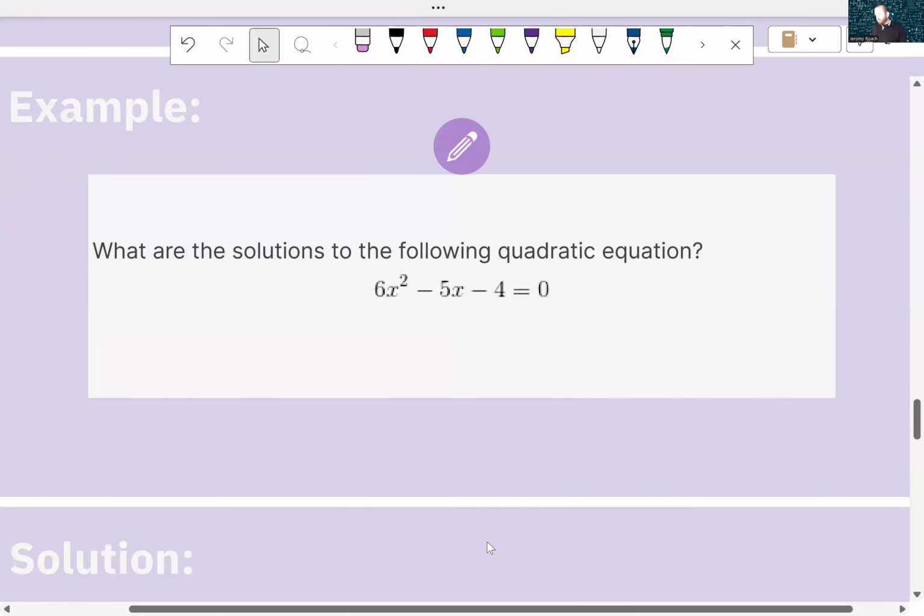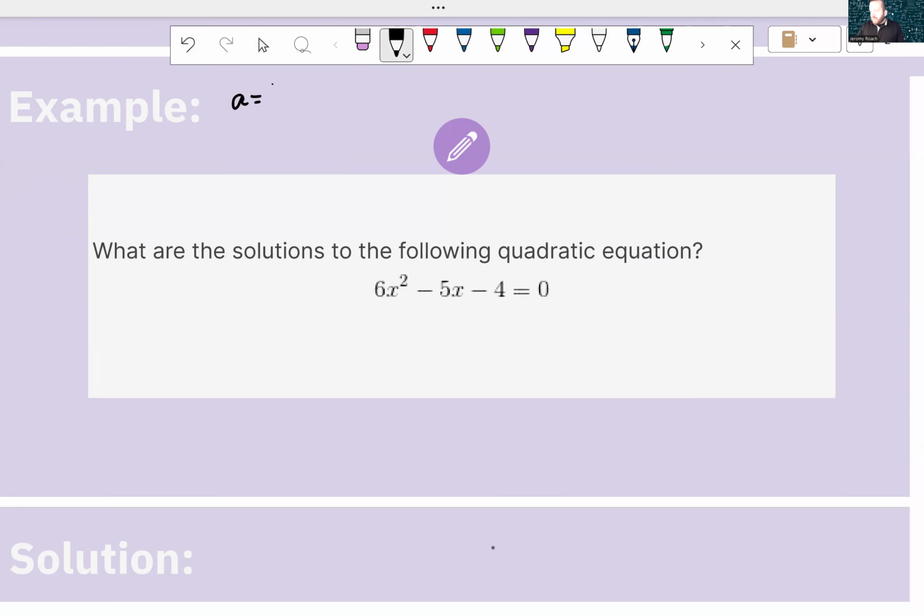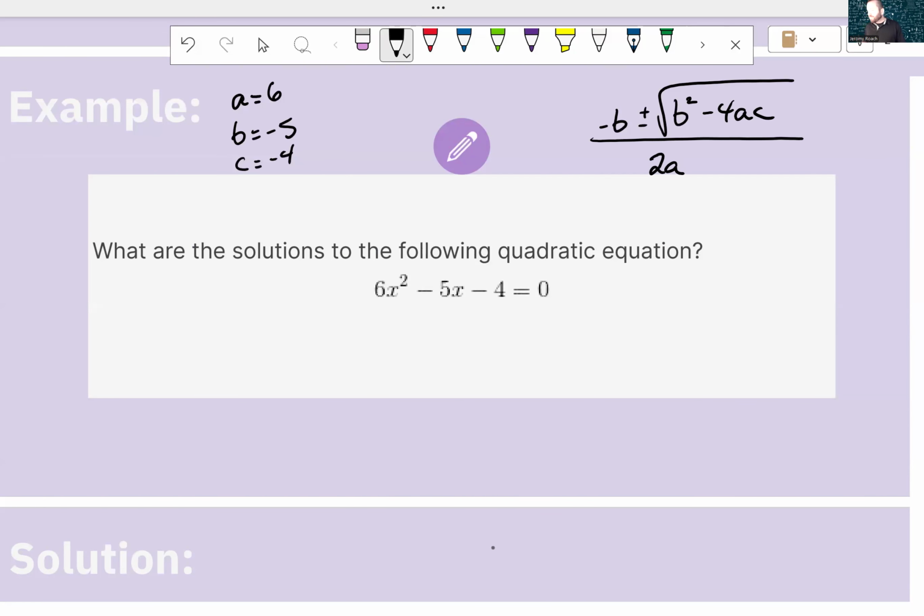We'll look at an example for the quadratic formula next. So I like to write out what A, B, and C is. So A is 6, B is -5, and C is -4. So we can write out the quadratic formula. It's minus b plus or minus the square root of b squared minus 4ac all over 2a.